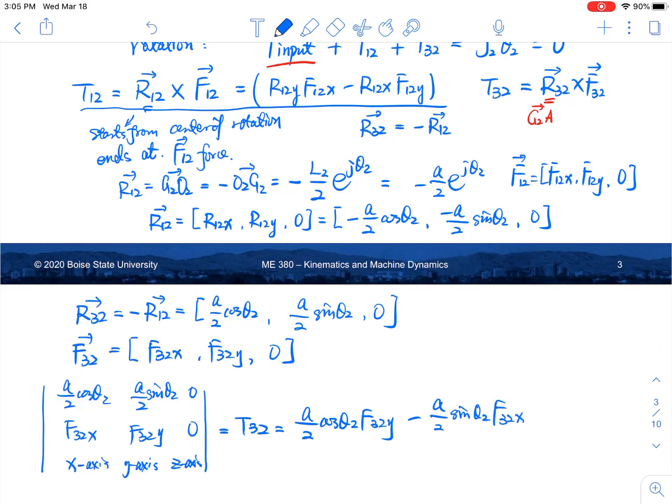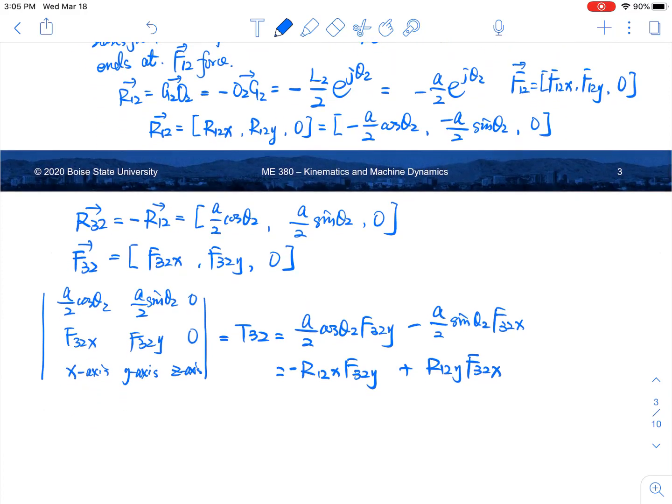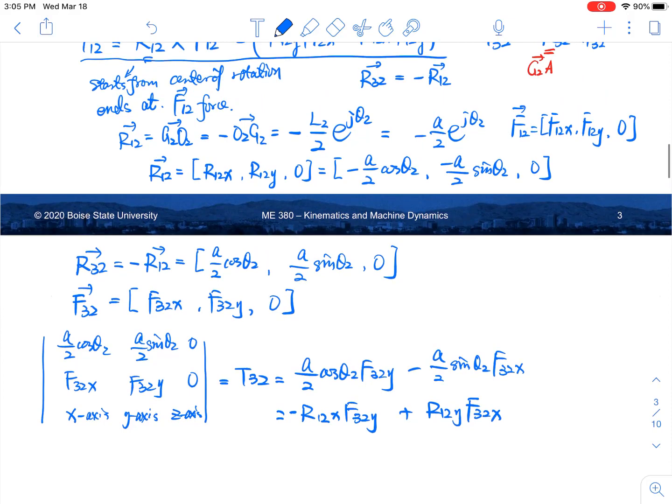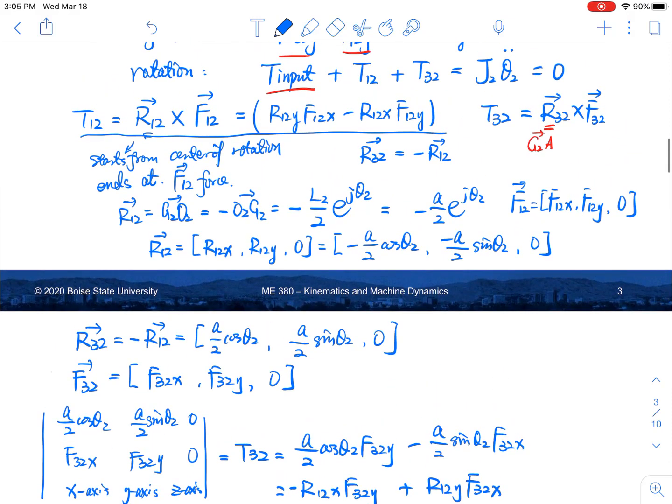To save some space, I'm going to keep it as R12x F32y minus R12y F32x. Okay, just leave it as that. All right, so we have T32, and then what else do we need?